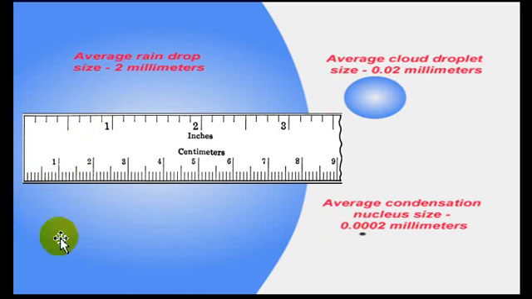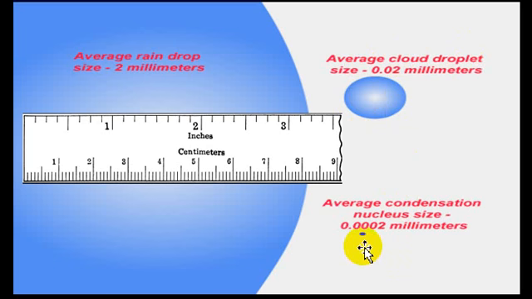Think of this on a scale, with a big giant raindrop that's 2 millimeters, then you've got this, which is 10% as big, actually less than 10%, I guess that'd be 2%. Wow, okay, 2%. And that's the cloud droplet.